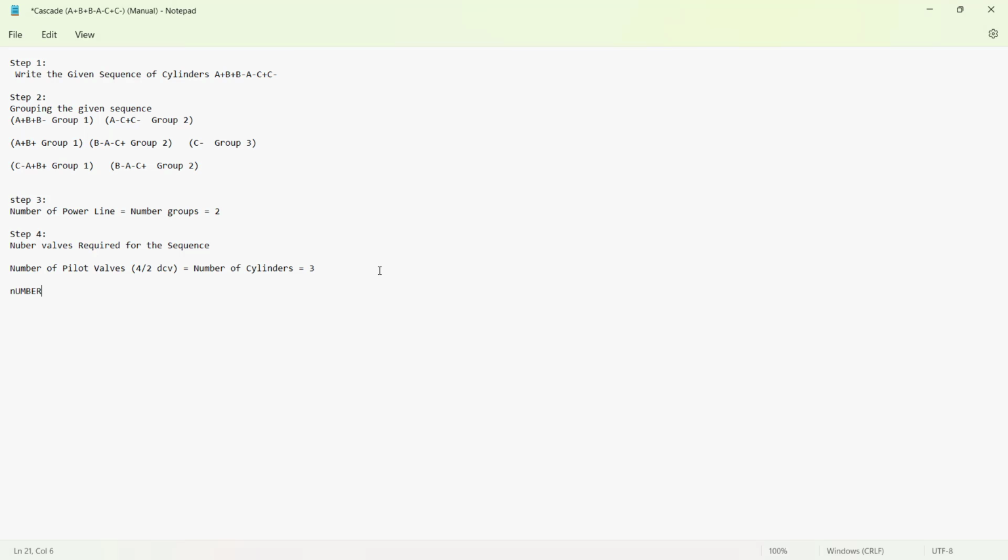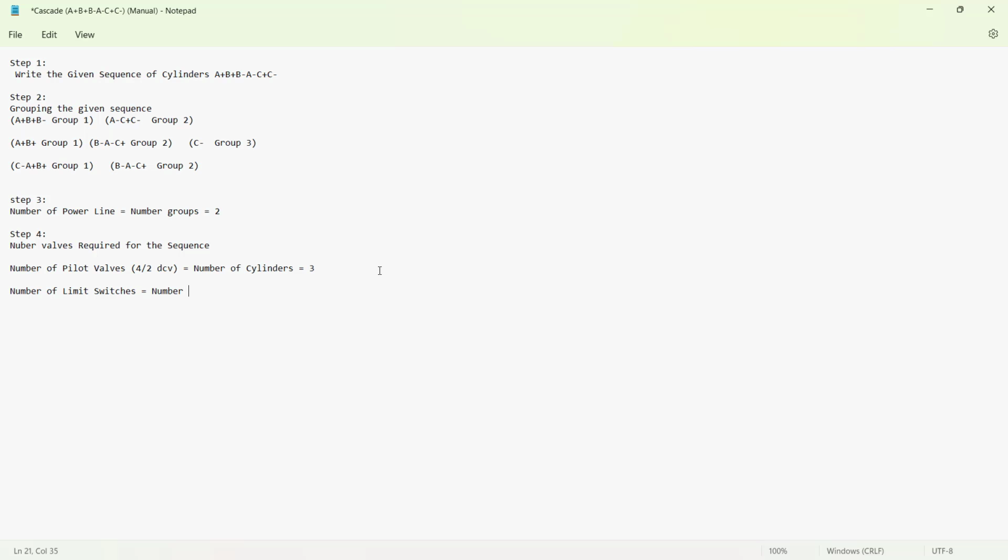Next, number of limit switches. That is to identify the extension and retraction of the cylinder, that is a mechanical sensor.